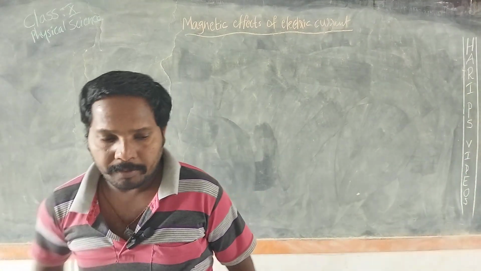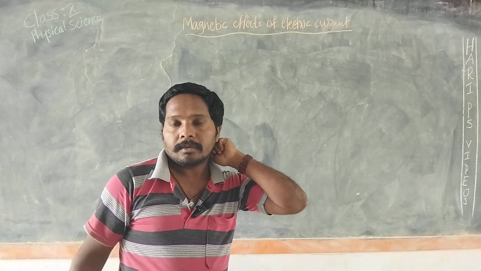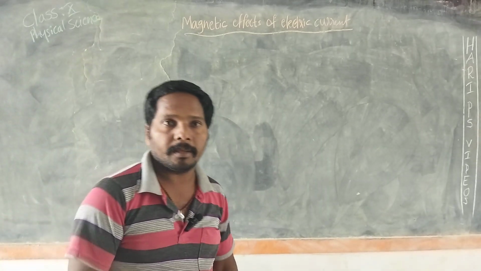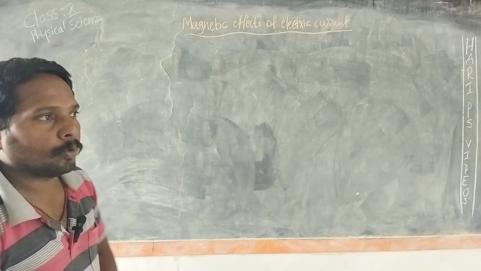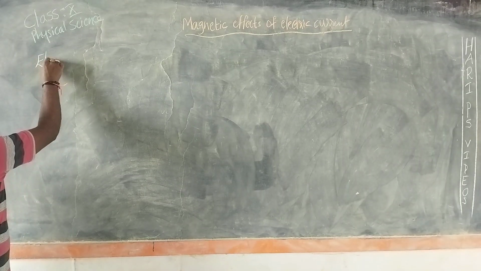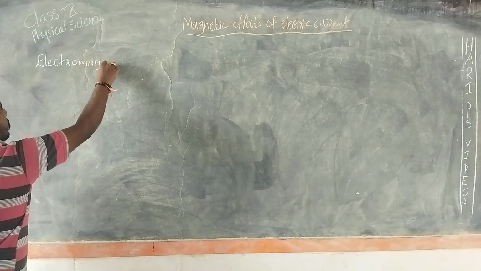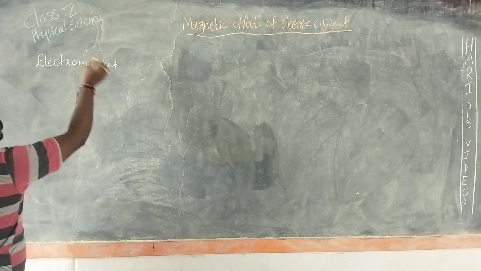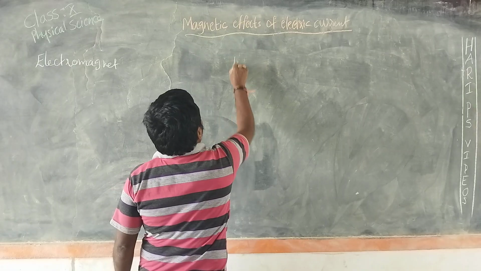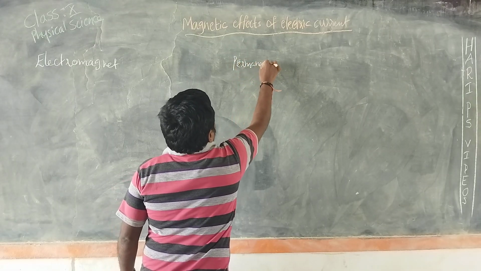Okay. So in the previous video we discussed magnetic field intensity and magnetic permeability. Now let us learn about electromagnets, and the differences between an electromagnet and a permanent magnet.